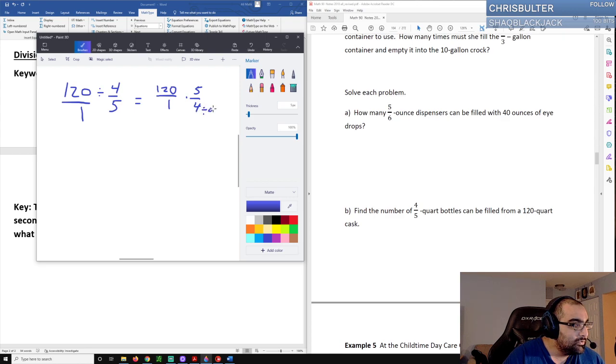We could divide by 4 here and divide by 4 here. Here we get 30, and here we get 1. So we get 30 over 1 times 5 over 1, which equals 150 over 1, or 150.